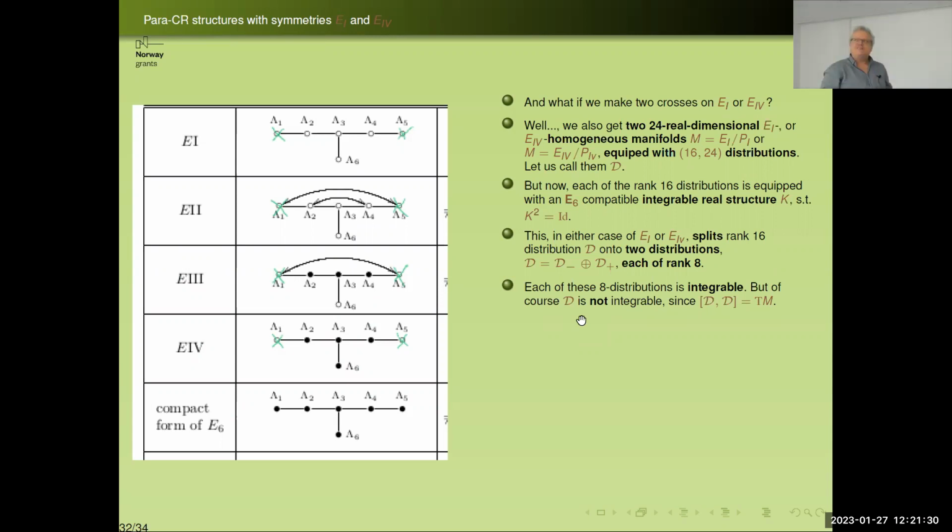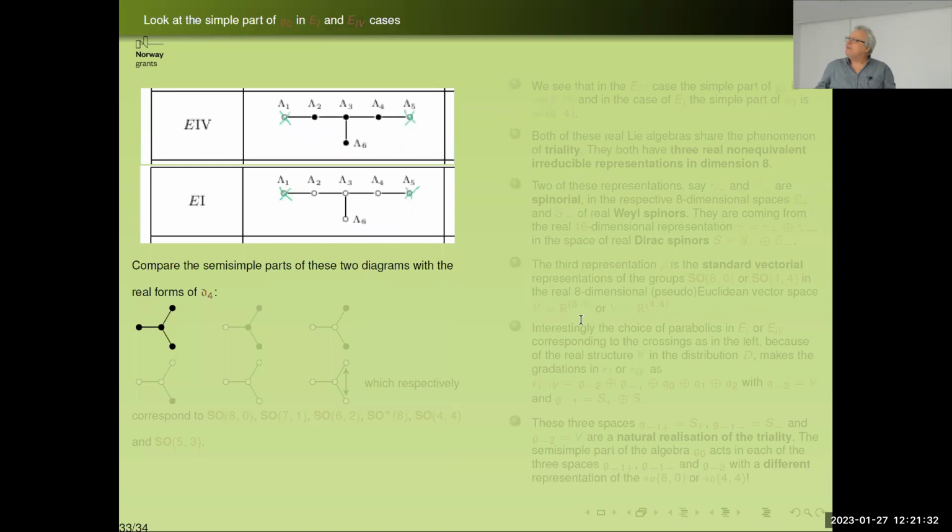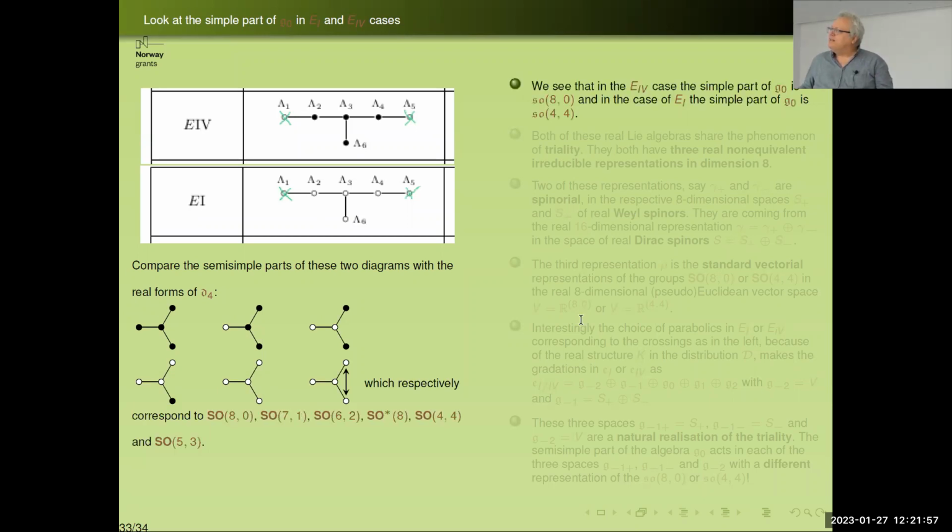And we have almost the diagram of D4. And of course, we do have it, because if we cross these 2 points or these 2 points, the semisimple part of this diagram is D4, which is the group SO44 in real terms. So it is either this one for E4 or this one for E1, right?